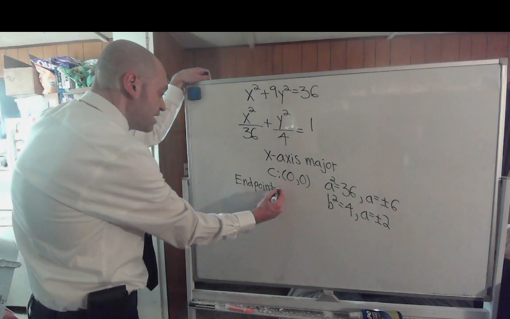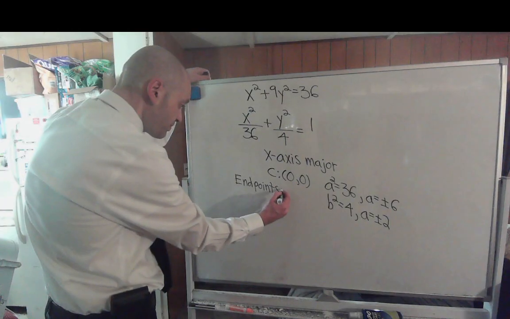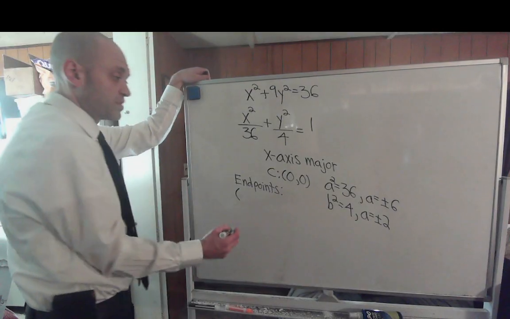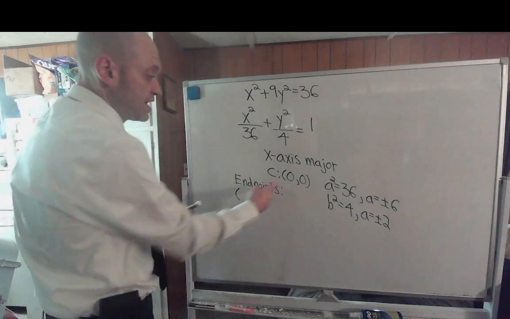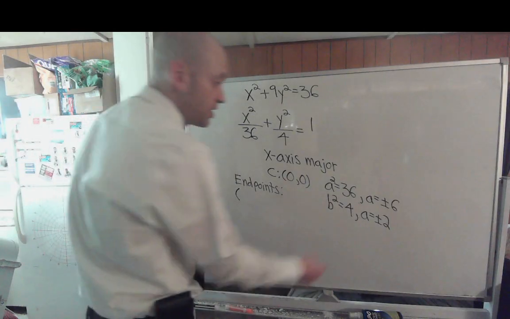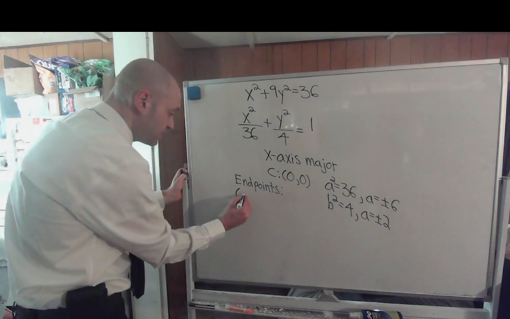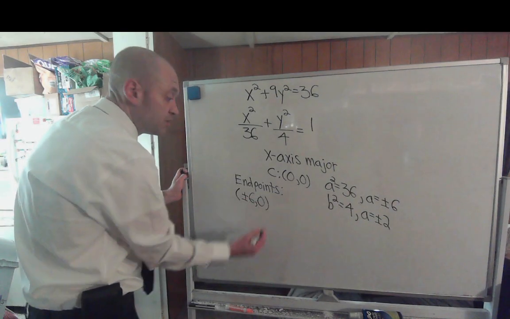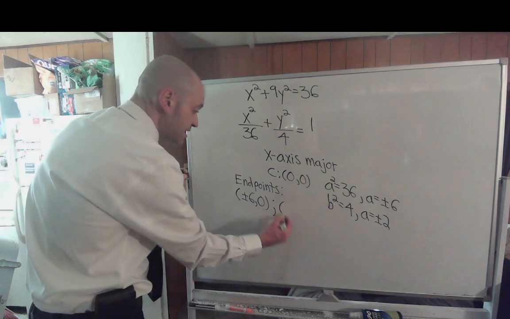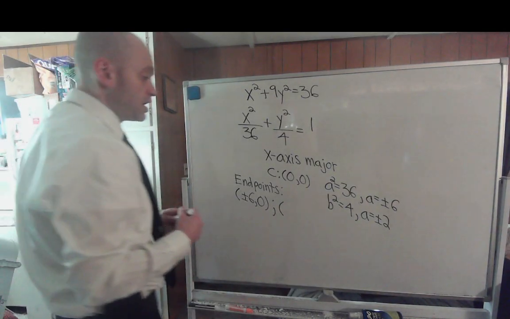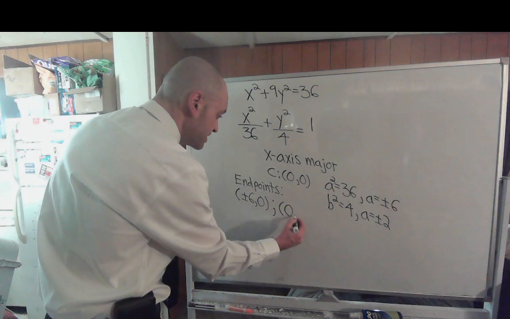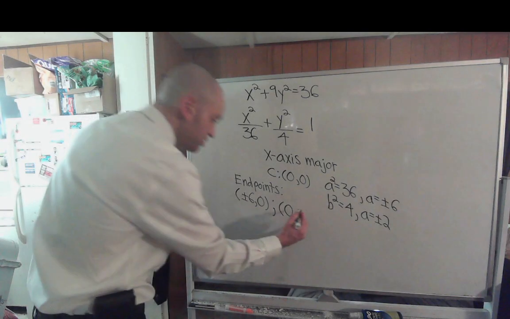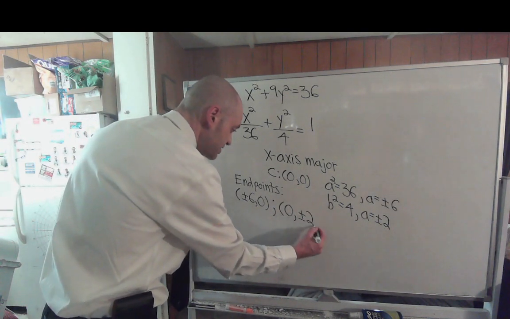Your major axis is the x-axis, so let's mess with that first. I'll take that x-coordinate of 0 on the center, add and subtract 6 from it, so I'll have endpoints at plus and minus 6, 0. I'm also going to have a couple minor axis endpoints. This time I'll leave my x-coordinate of 0 alone, but take that y-coordinate of 0 from the center, add and subtract 2, so I'll get 0, plus and minus 2.